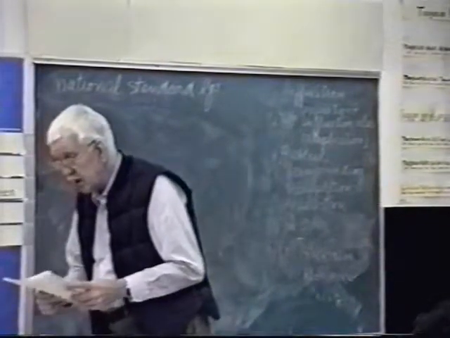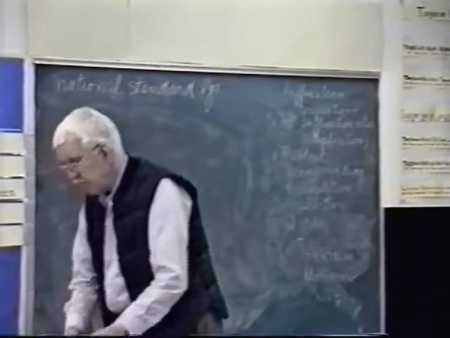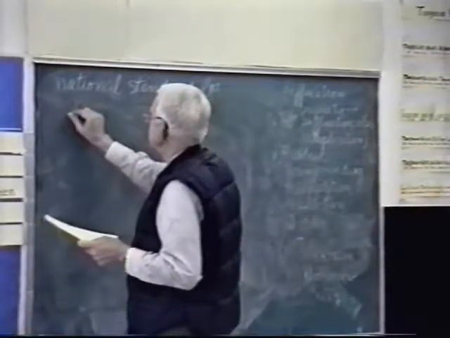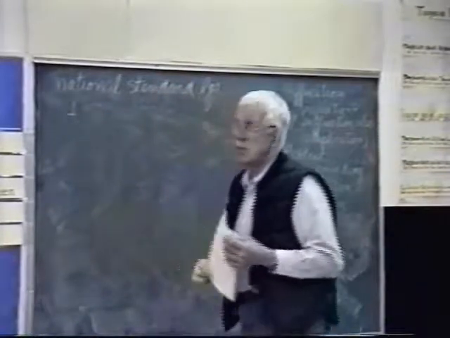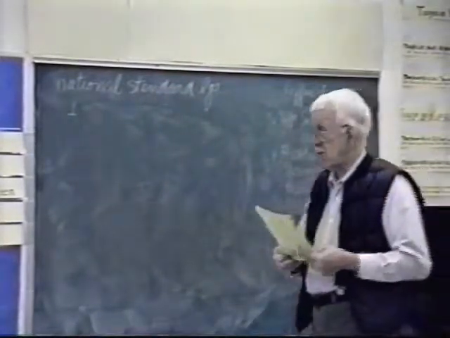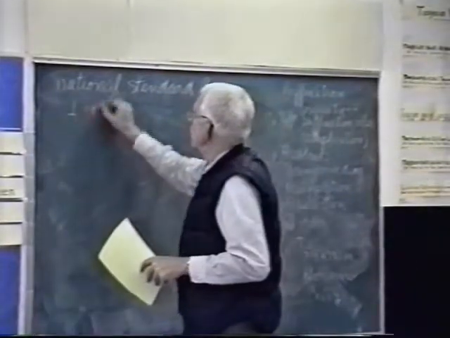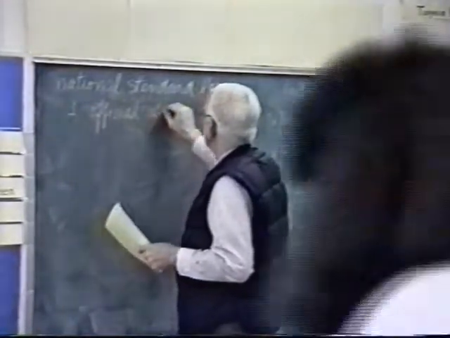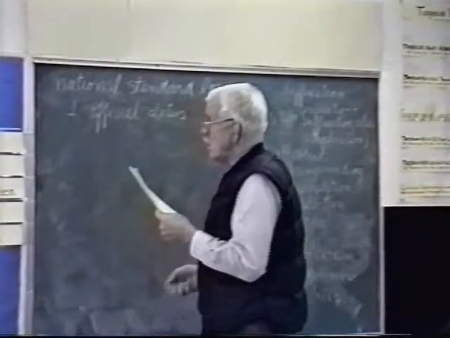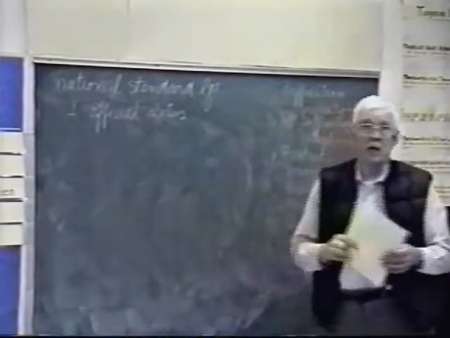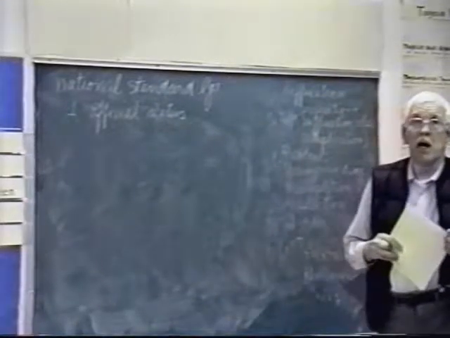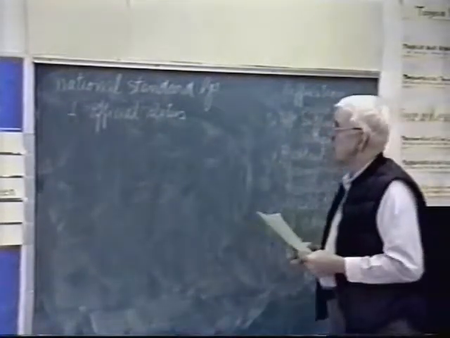And national standard languages have certain properties, certain features of the language itself or the speech community we can talk about. First of all, a national standard language has official status, generally recognized by law within a country.